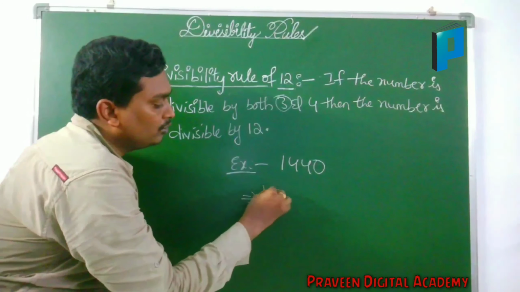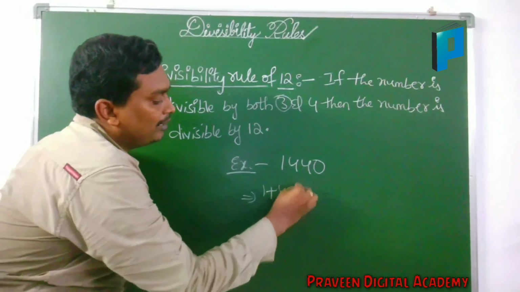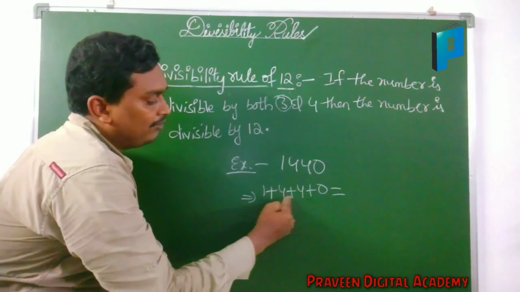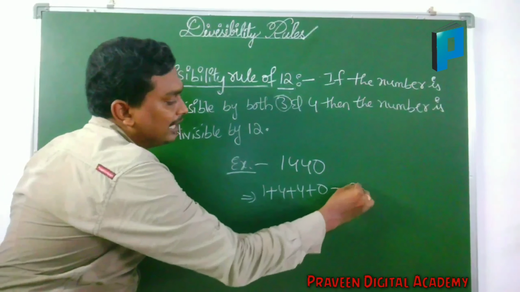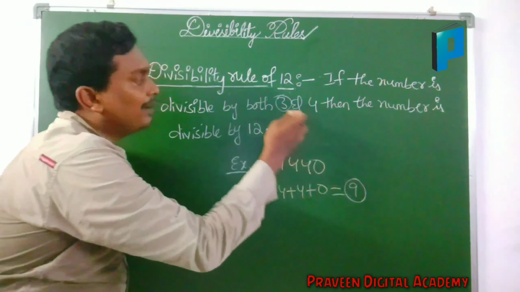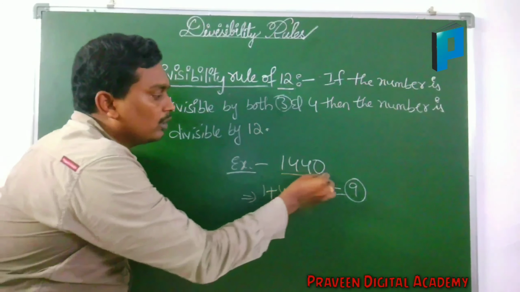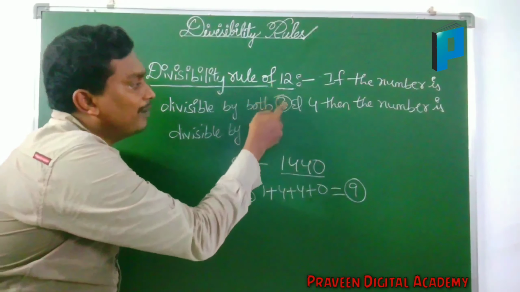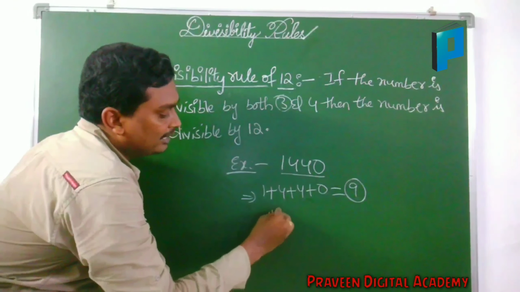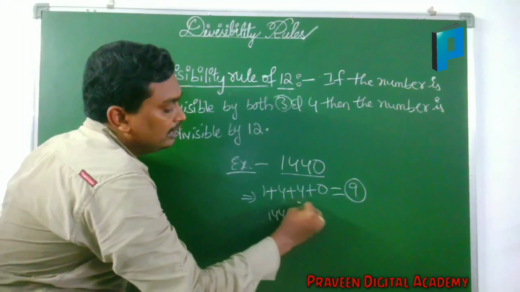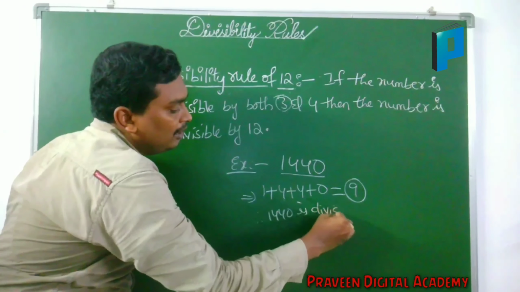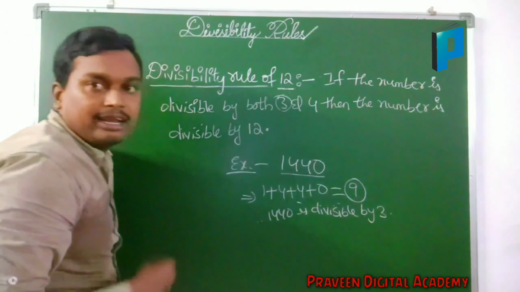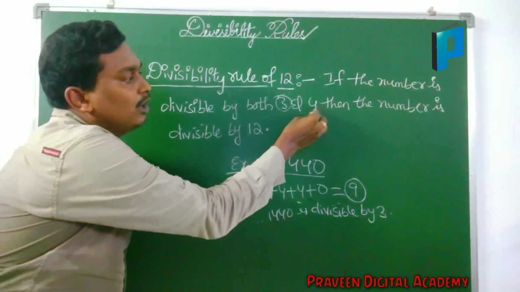You should do the sum of all the digits. 1 plus 4 plus 4 plus 0 is equal to 1 plus 4, 5. 5 plus 4, 9. 9 plus 0 is 9. This 9 is divisible by 3. Therefore, the total number is divisible by 3. Therefore, what can I say here? 1440 is divisible by 3. I can write here. Come to the divisibility rule of 4.